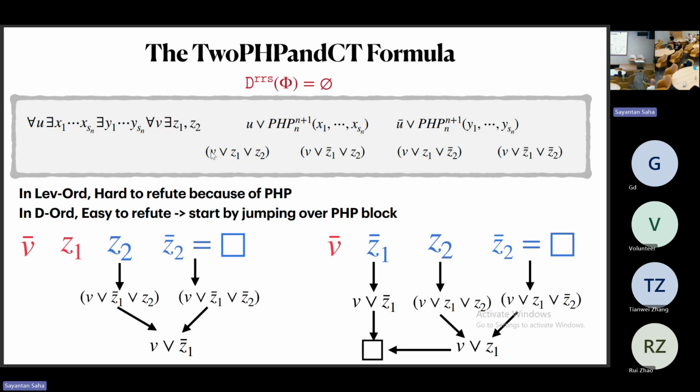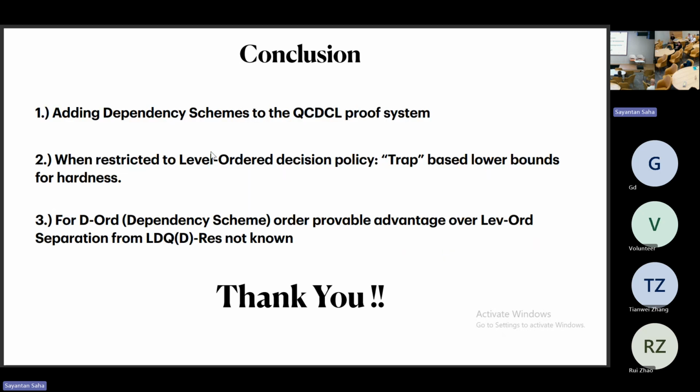For this formula, if we focused on level ordered, we would have to start by deciding U and then going into the pigeonhole principle. But the moment we allow freedom of order, we can directly jump to the second part of the formula, which is completely disjoint from the first part, and refute it to get a short proof. So this is the advantage of dependency order. This is what we're studying now.